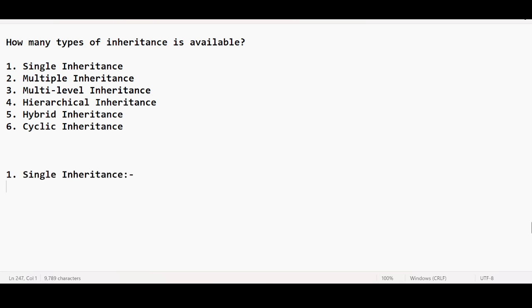Very simple. The definition is going to be very easy, straightforward. It is a relationship between classes.